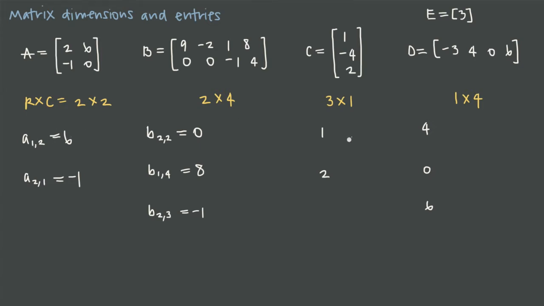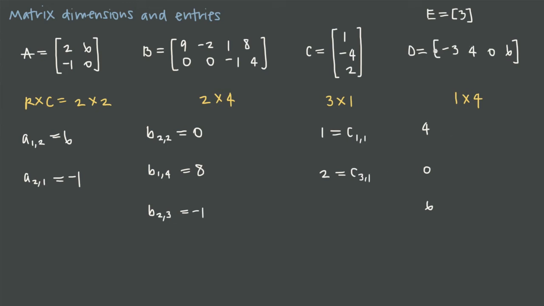So let's think about it the other way here. If I asked you which entry is the 1 in matrix C, well, we would say that that is in the first row, first column. So that's going to be C, lowercase c, 1, 1. The 2 is in the third row, first column. So that's going to be C, 3, 1. And then what about these values here in matrix D?